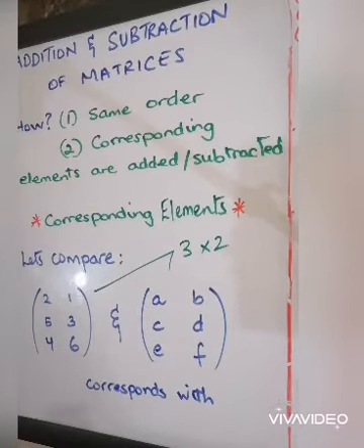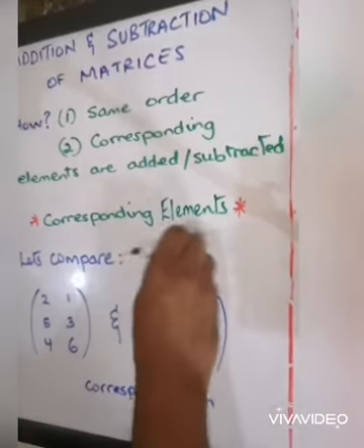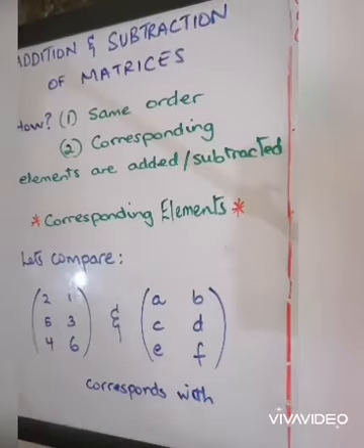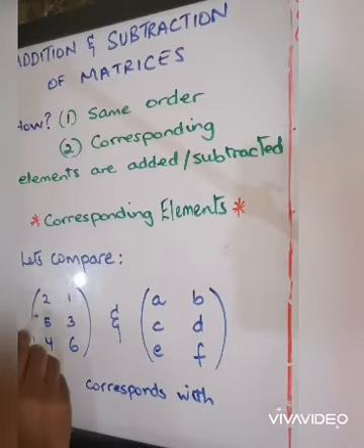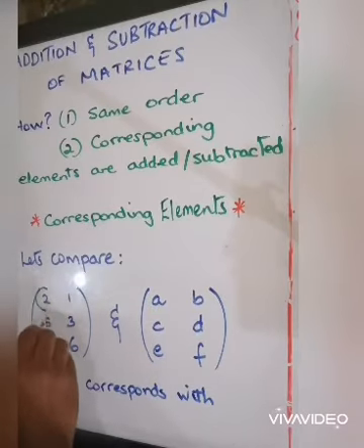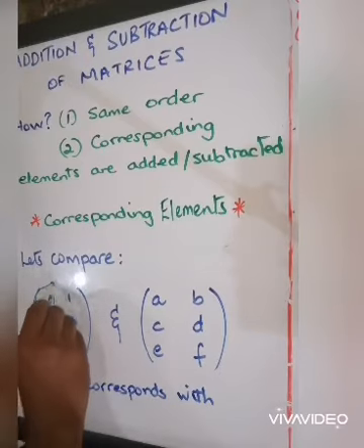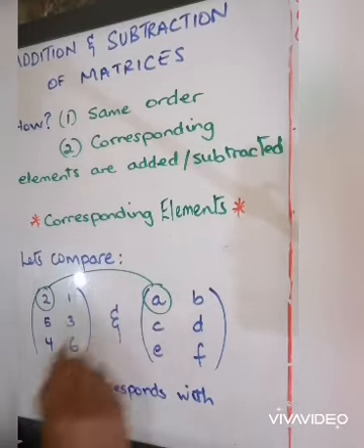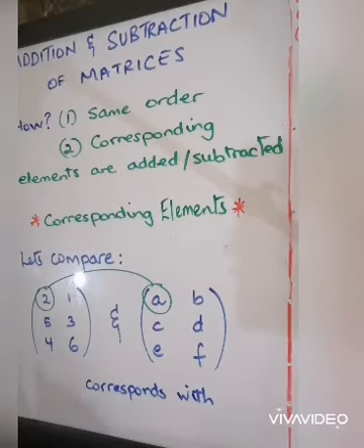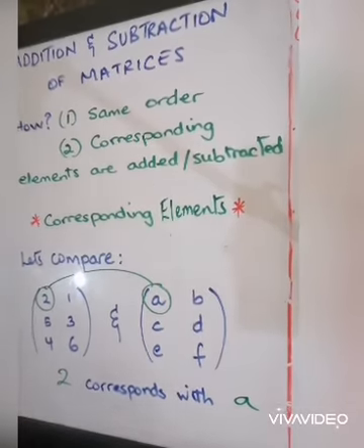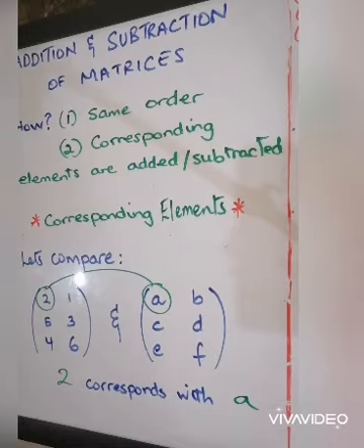So let's observe. When we look at the element in position row 1, column 1, it corresponds to an element A, meaning the same position but a different matrix. So we can see that 2 corresponds with A. Or let's look at another element, and we can pick any element.